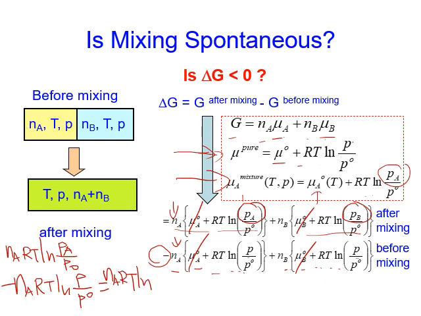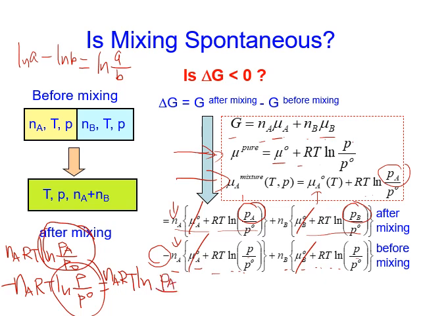Now, if you have ln A minus ln B, you can write it as ln A divided by B. So in this case, ln partial pressure A minus ln pressure equals ln partial pressure A divided by P. The 1 bar cancels, and that's the term involving NA.